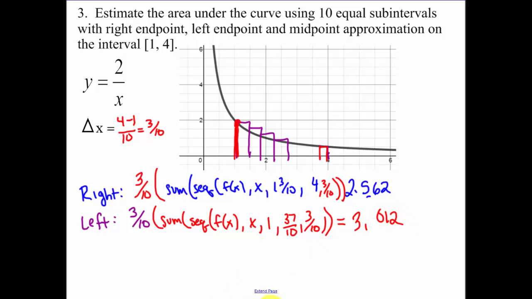Now midpoint. Again, for each one of these, the height is the same. We're doing a sum of a sequence of a function. Then we have our x. Now for midpoint, you take half of your delta x, which is 3/20ths, and you add that to 1.